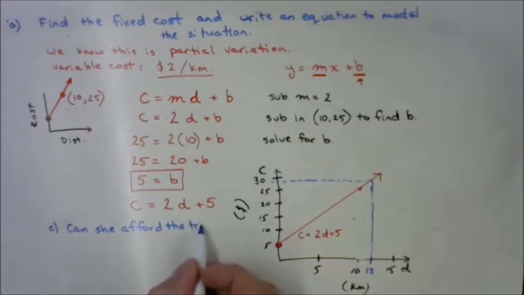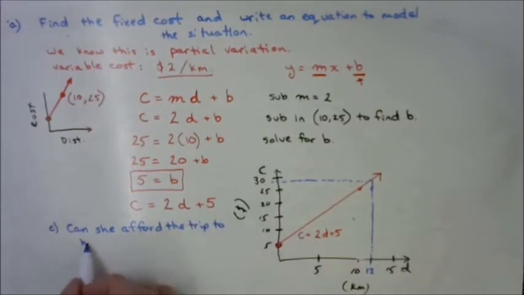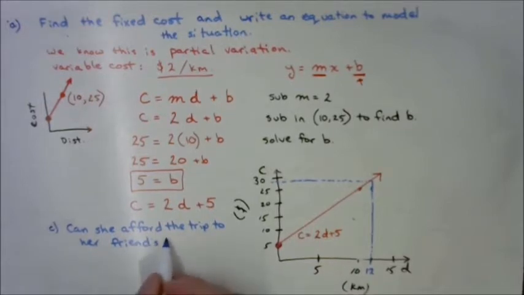The algebraic way to do that, so C, can she afford the trip to her friend's house? If we're trying to find the cost of going 12 kilometers, all we need to do is sub in D equals 12.